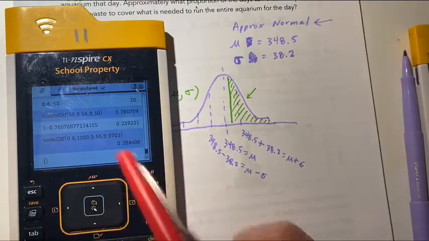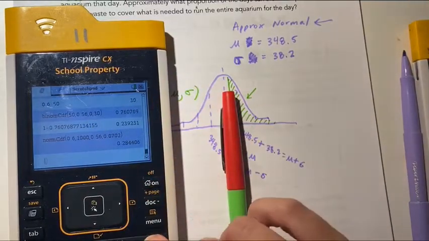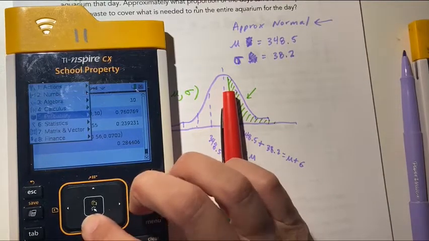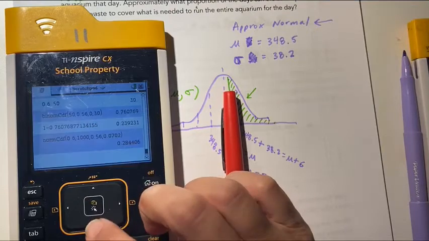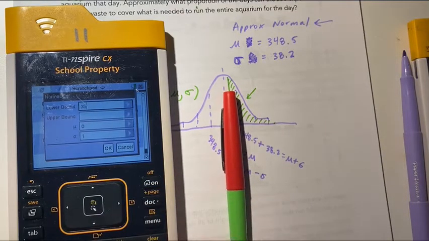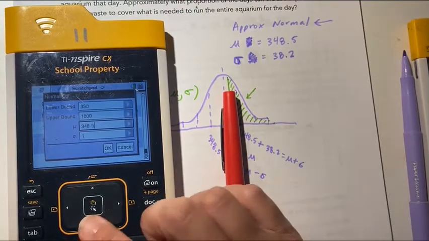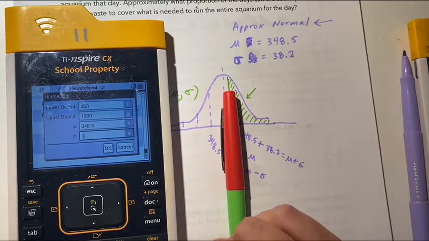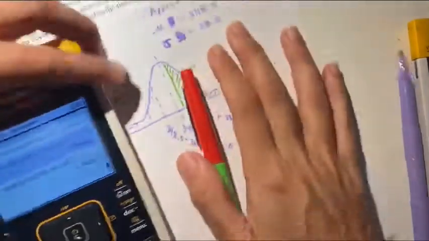Oh wait, that was my answer from previous. I do this all the time, guys. Sometimes I type all that in and I don't hit return. So let's type that in again. Normal CDF: our lower bound is 350, our upper bound is a really high number, our mean is 348.5, our standard deviation is 38.2. Enter. Beautiful.